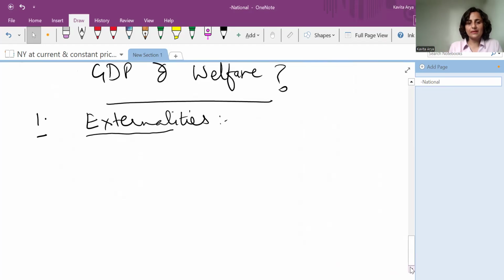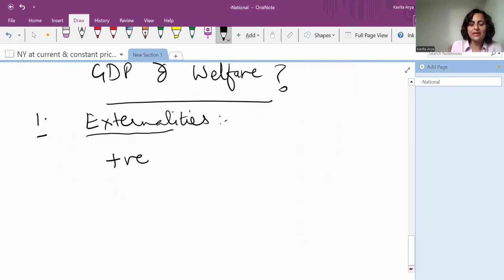Why do we call it externality? Because that noise is not taken into consideration while we are talking about national income. It's external from the national income accounting. And for that noise, no one is penalizing the owner of that production unit. So these are those transactions for which people are neither rewarded nor penalized. So we call these externalities.